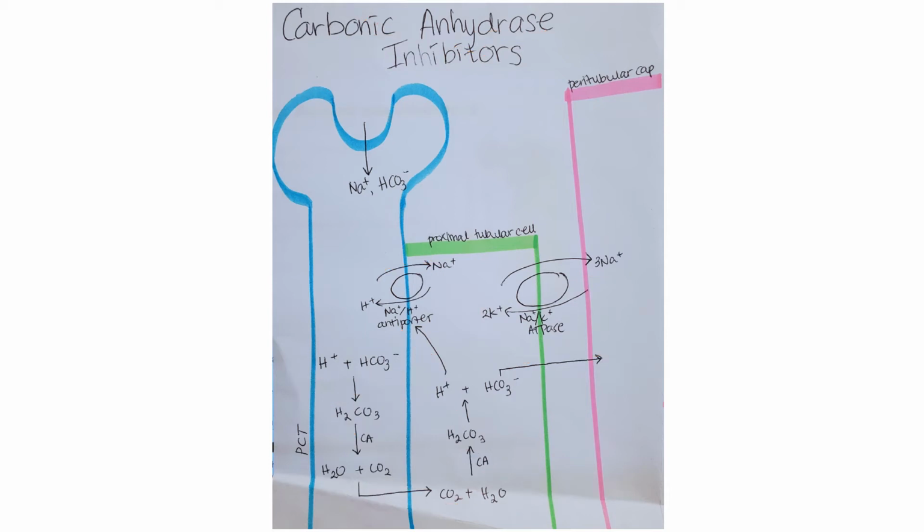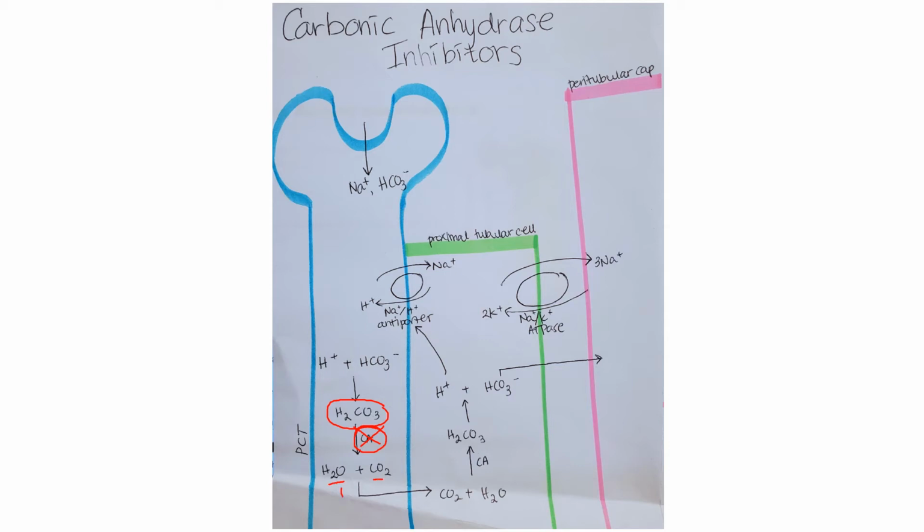Now let's discuss what happens when we give carbonic anhydrase inhibitors. In the tubule, this is where our carbonic anhydrase enzyme works. If we inhibit carbonic anhydrase here, we prevent the splitting of our carbonic acid into water and carbon dioxide.